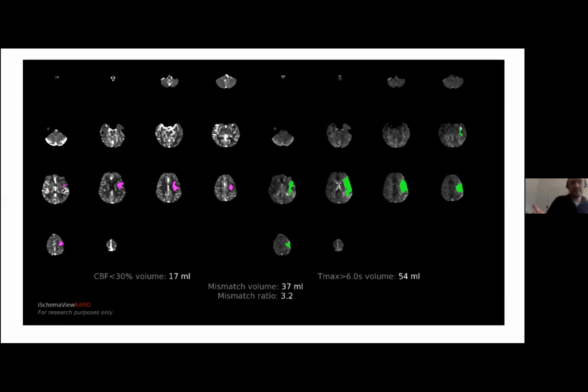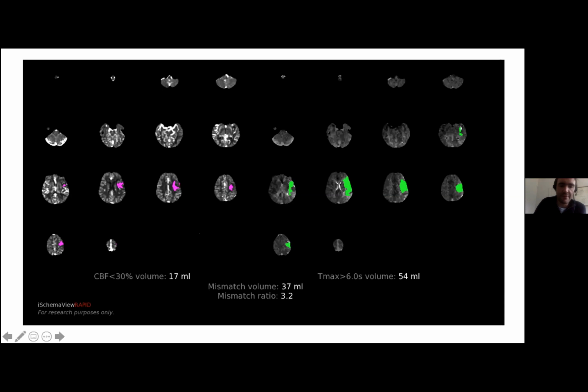Essentially, you're using it to determine how big the core infarct already is. That's basically attributed to be dead brain that's not salvageable, versus ischemic brain around that core, which is ischemic but not yet fully infarcted. The suggestion is that if circulation is re-established and that brain becomes perfused again, then it might recover.